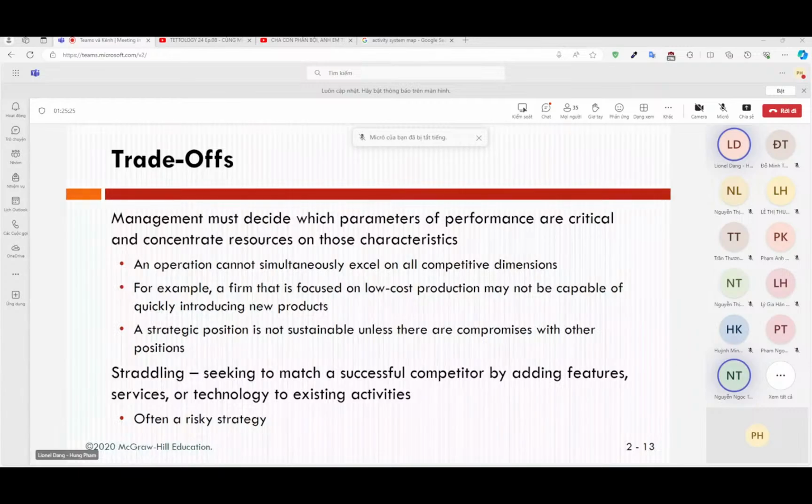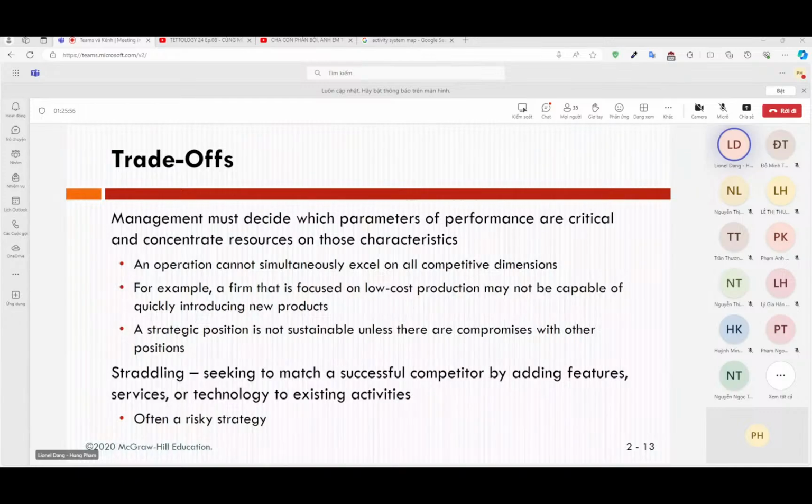When we talk about straddling, you need to think of different customer segments, right? The customer segment of IKEA is young, not wealthy, they have children, or are couples, or single, right? Now imagine that they want to target another customer segment, which is old people who have a lot of money. It makes sense, right?